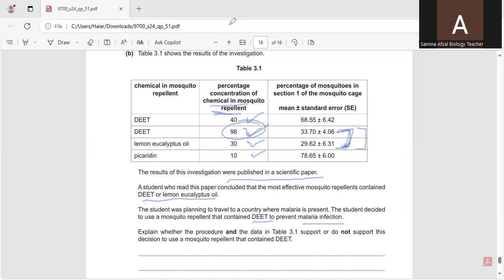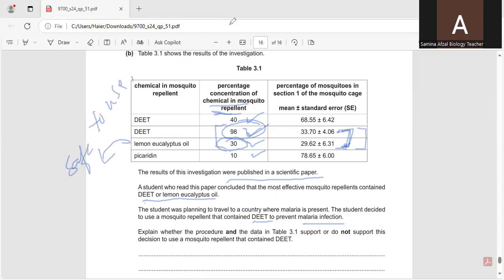But if we compare the percentage of the chemical which is present in both of these, lemon eucalyptus oil contains less chemical, and less use of chemical is highly beneficial for us. So it means it can be more effective in comparison to DEET, and it is safer. It is safe to use, so it contains the lesser quantity of the chemical.